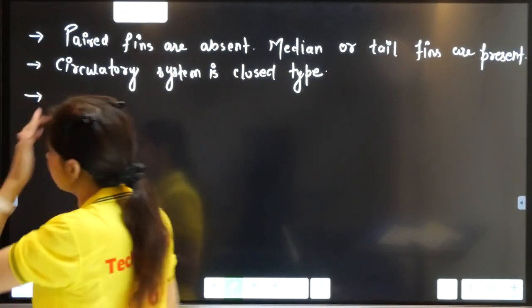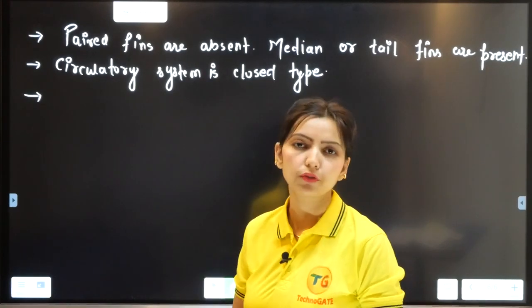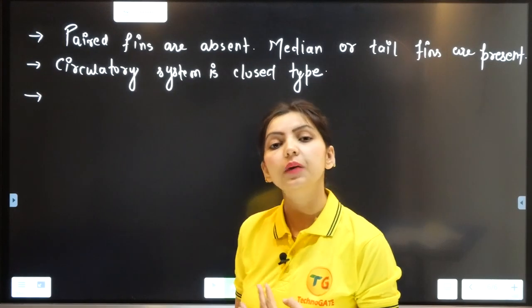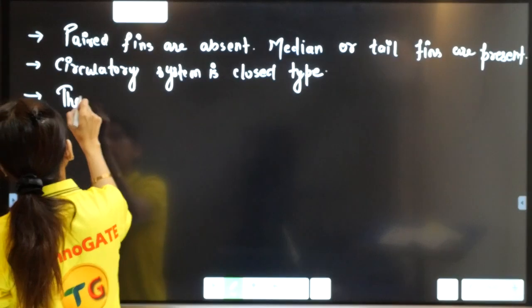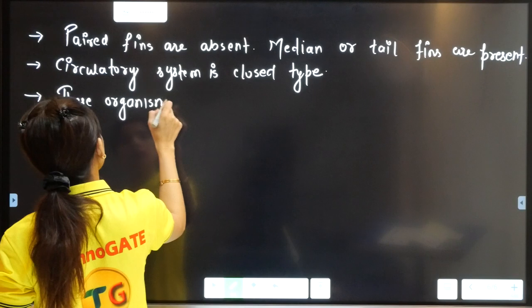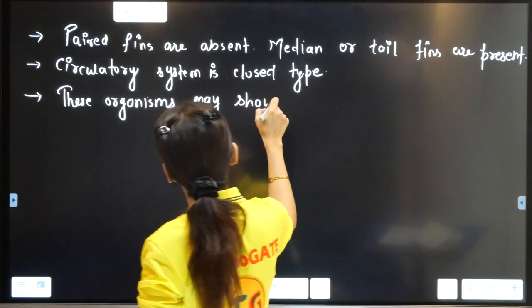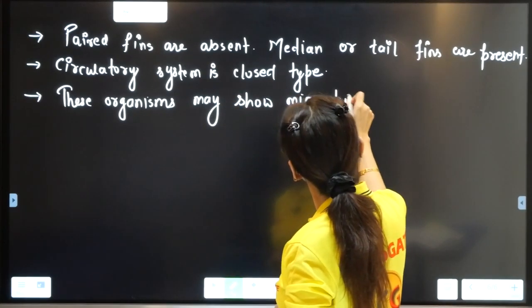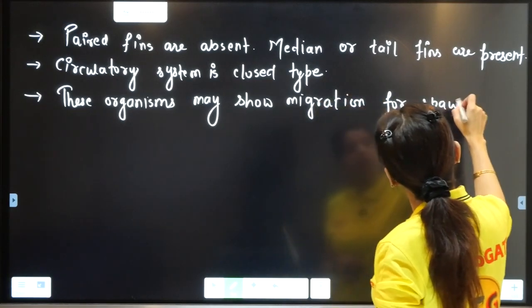Next point is, these organisms have one very special feature, and the feature is migration. The organisms may show migration for spawning.